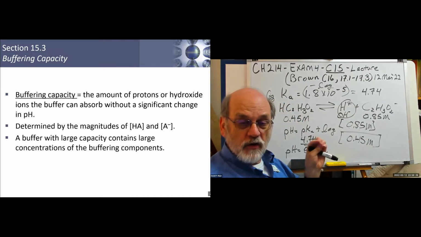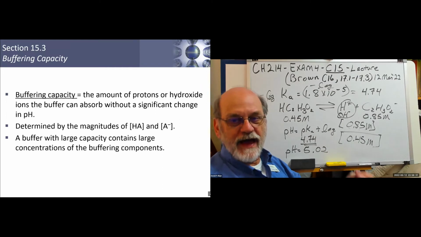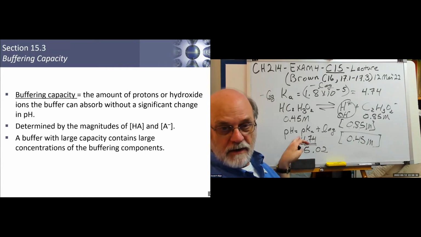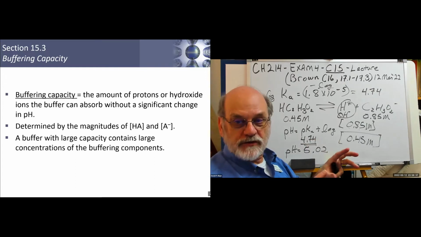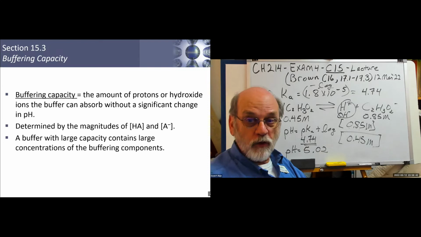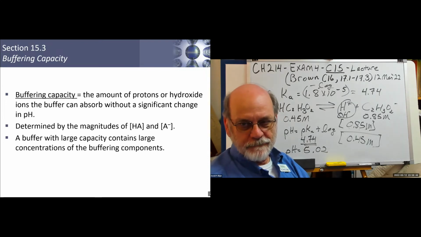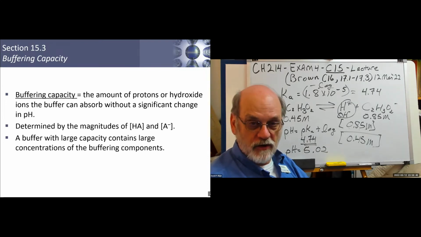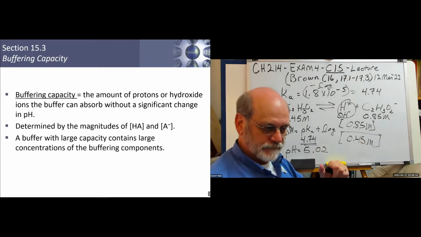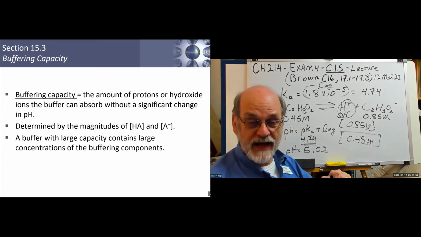So the ratio is important as an intensity factor to determine the pH. But the amounts of these two determine how robust your buffer is, how much acid or how much base can be added and still maintain a pH close to that value. That's buffer capacity.